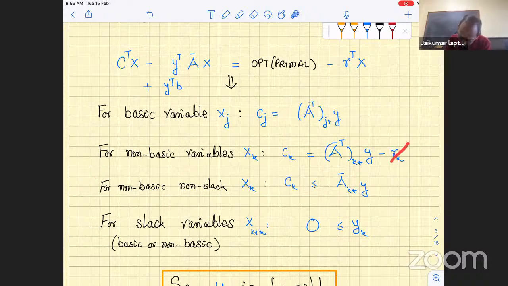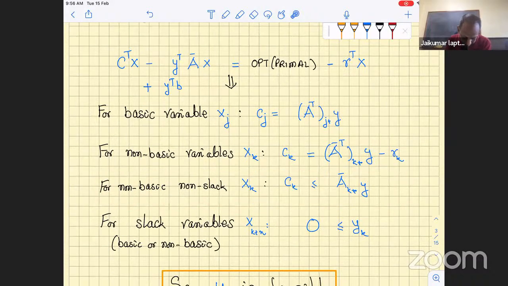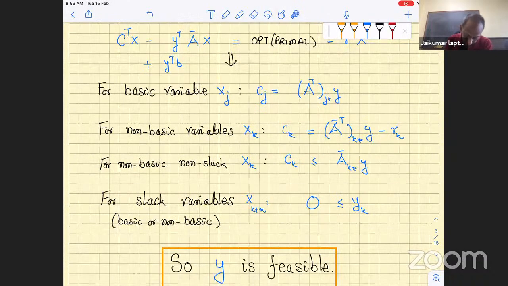I'm just saying that since this RK is greater than or equal to 0, I can replace this equality by this inequality. This is true for non-basic, non-slack variables, because they have a CK. For the others, CK is 0.